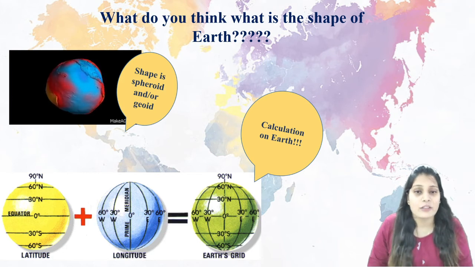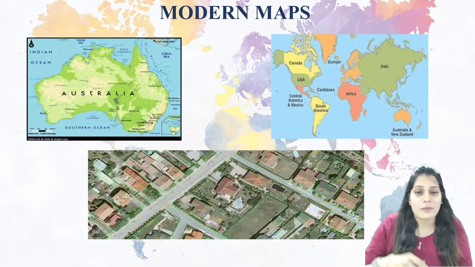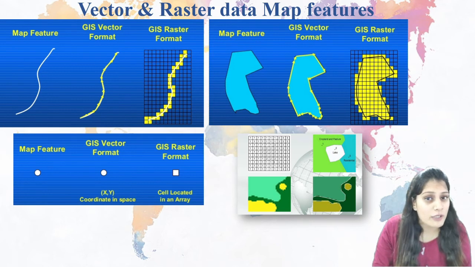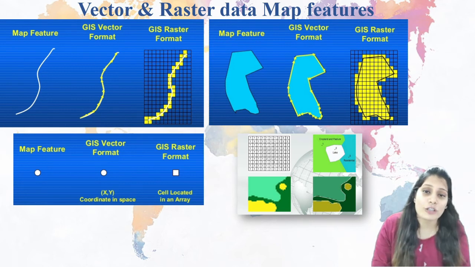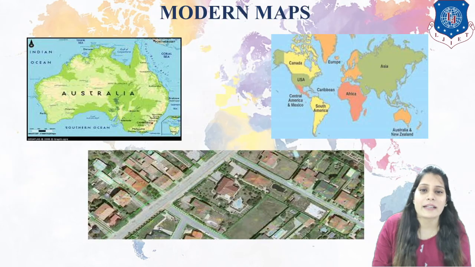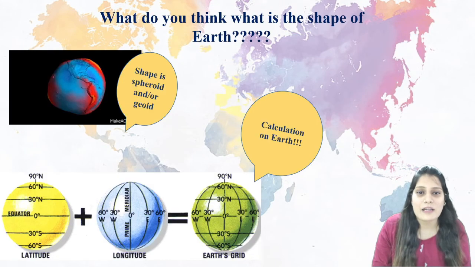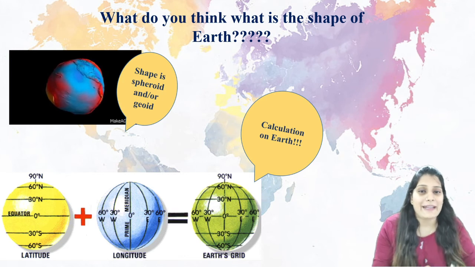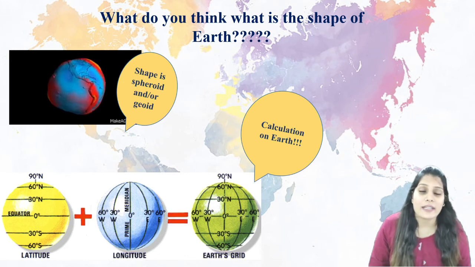And now can you correlate why we are making this map and how these maps and data are made? See the points, geographic coordinate, this word is used. These geographic coordinates are basically derived from what I have shown and made you understand here: the latitudes and longitudes, and we have the earth grid, and now we are making it flat and we can make the maps, we can have the vector data.